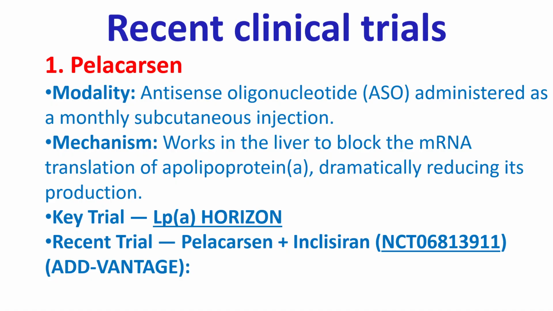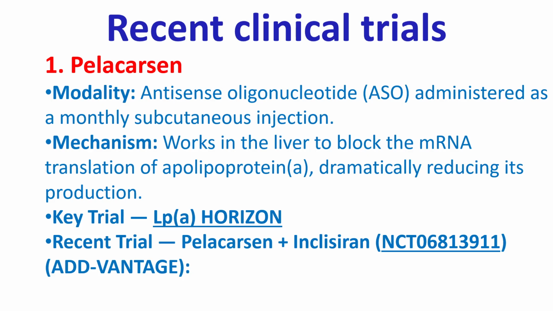The treatment landscape for elevated lipoprotein(a) is currently undergoing a rapid transformation. Because traditional lipid-lowering therapies like statins or ezetimibe do not meaningfully lower LPA, researchers are heavily focused on novel genetic therapies that target the production of the particle.